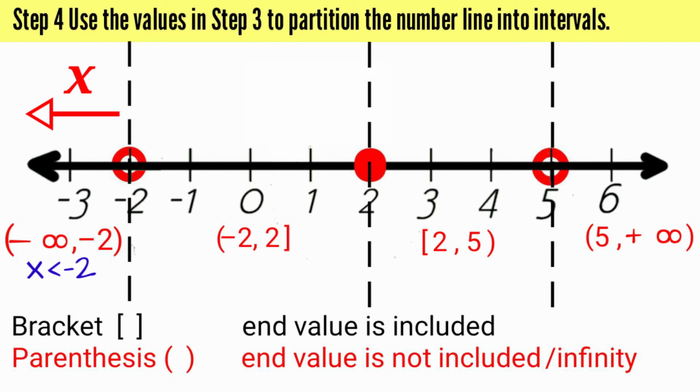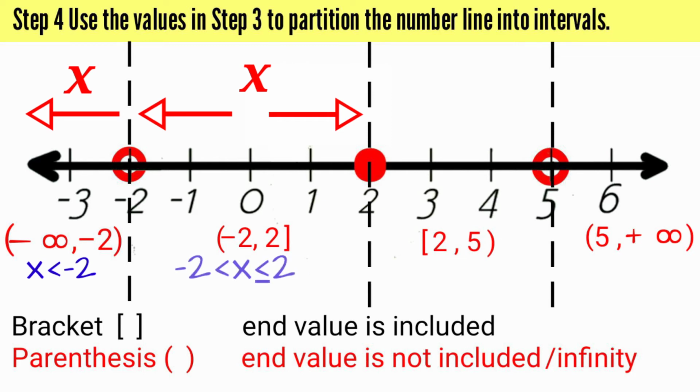Also, any value between negative 2 and positive 2, say x, is greater than negative 2 but less than or equal to positive 2. So we have x greater than negative 2 and less than or equal to positive 2.